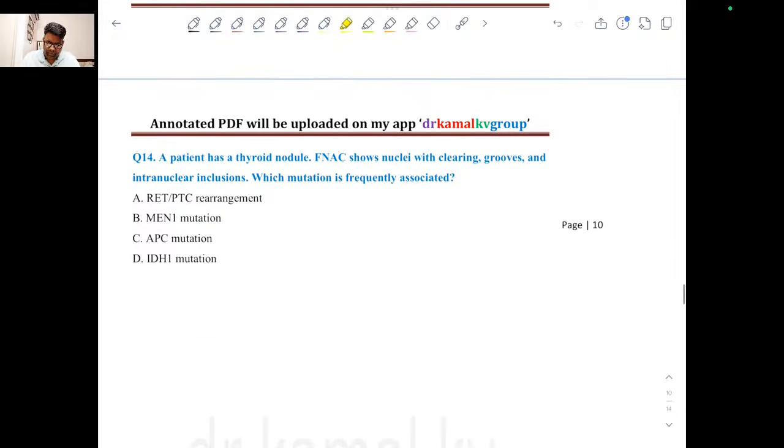Then moving forward, a patient has a thyroid nodule. FNAC shows nuclei with clearing, grooves and intranuclear inclusions. Now, firstly we have to understand which condition is being discussed here. So, here, a known case of thyroid nodule, right.